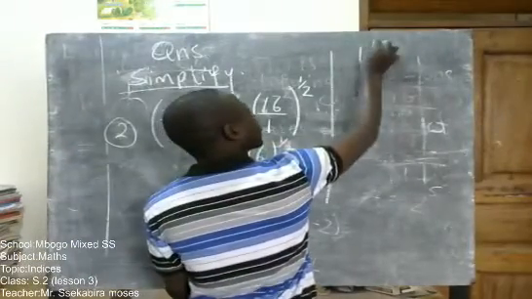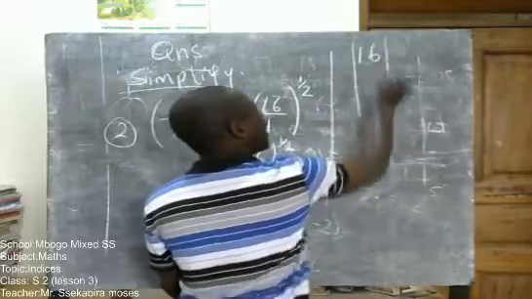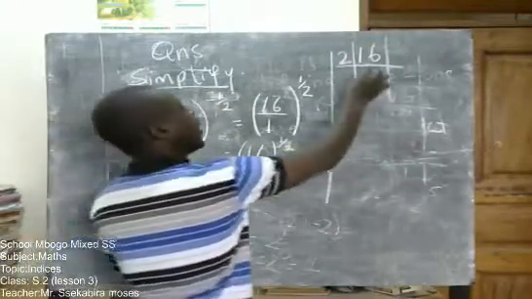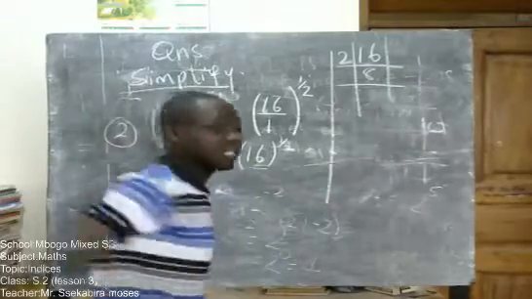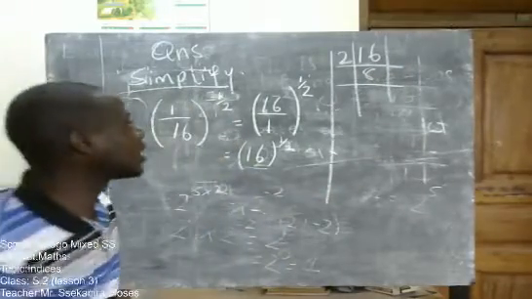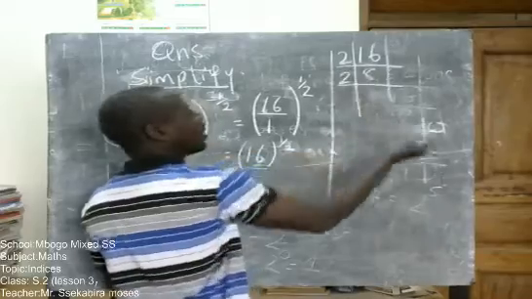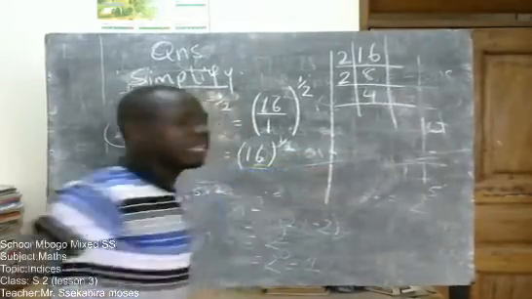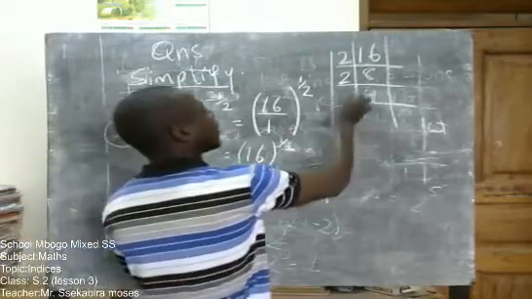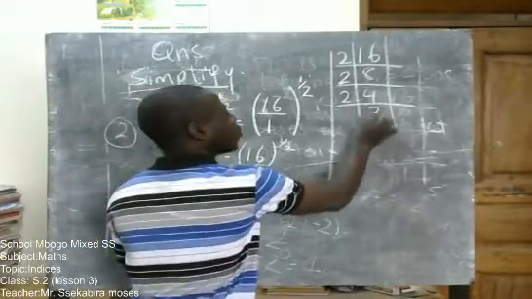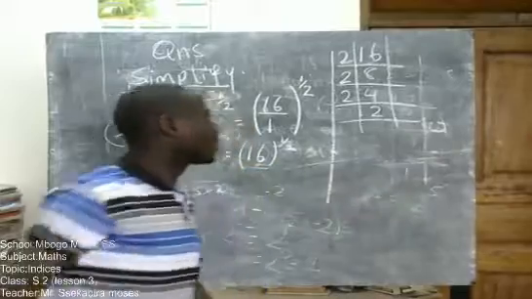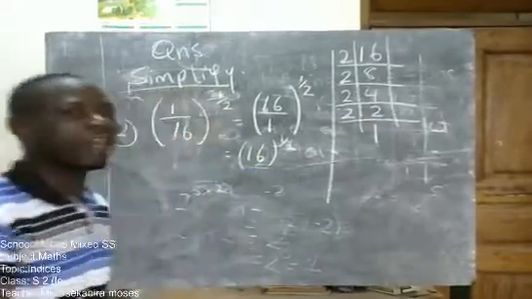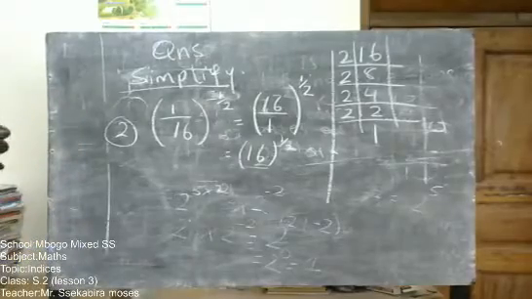We start by 2. 16 divided by 2, we get 8. 8 divided by 2, you get 4. 4 divided by 2, we get 2. 2 divided by 2, we get 1. So you have to prime factorize until you get a 1.